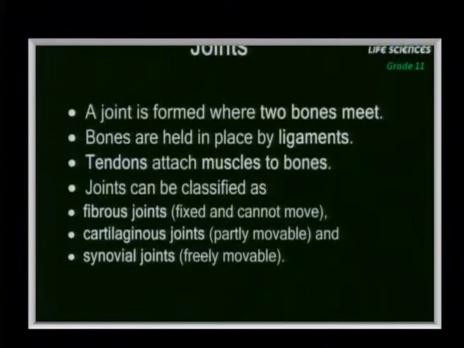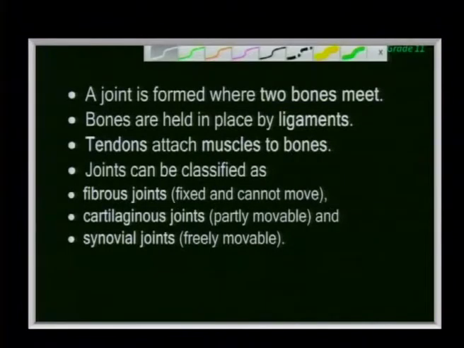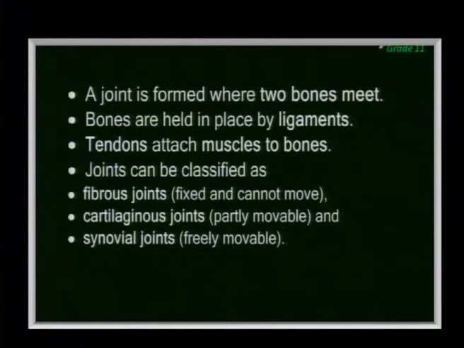Joints form where 2 bones meet. If I look at my finger here, I've got this bone, which is a phalange, and a phalange there, which is the 2nd digit, and I can bend it.